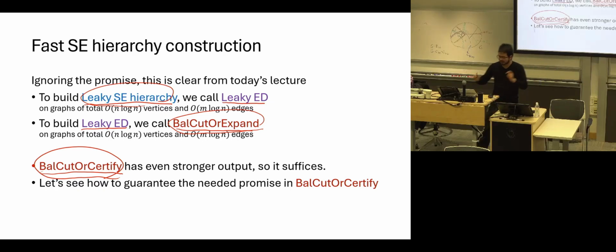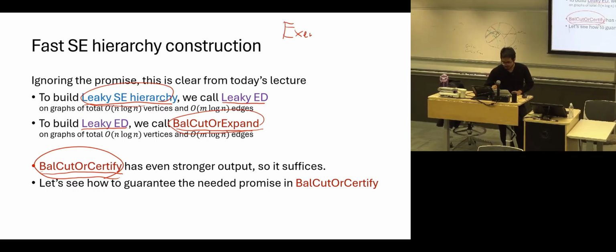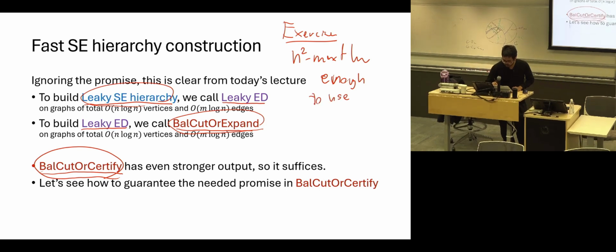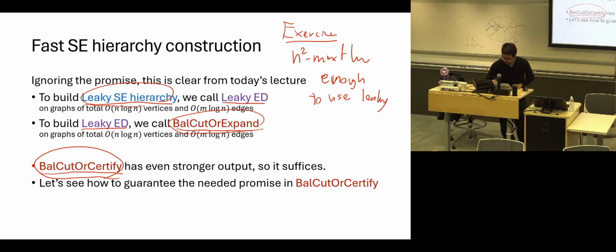So this is a good exercise: to get n square max flow, it's enough to use the leaky SE hierarchy. Not just the non-leaky one. The leaky version just works. Okay. So this is maybe something to look back into that lecture.